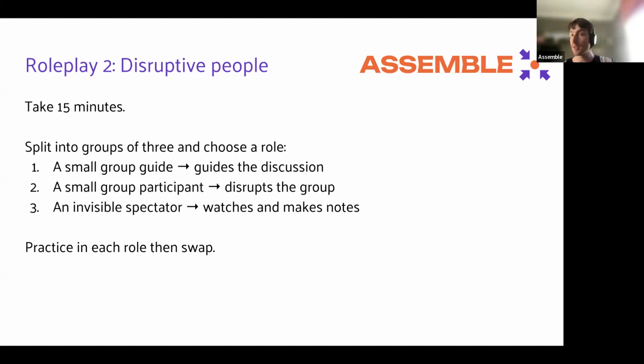Maybe they're talking about something that's off topic. Maybe they're being rude to another person in the group, or maybe they're being disruptive in some other kind of way. So again, this is really good practice, so that if this does happen in the real thing, you're better prepared to deal with this.